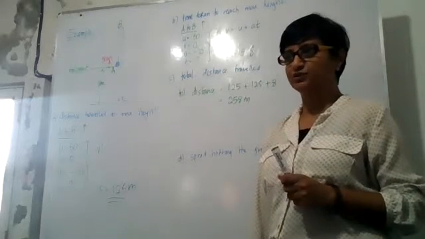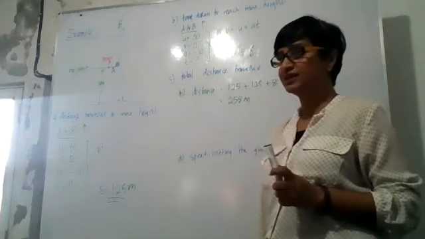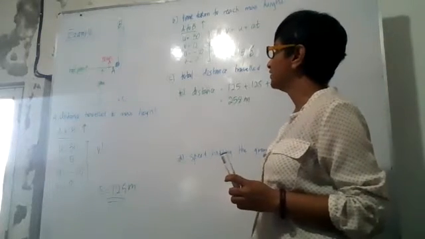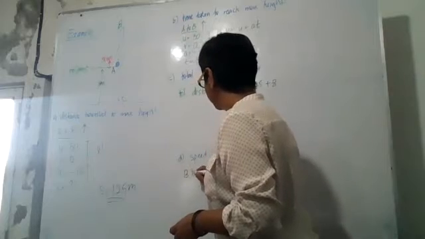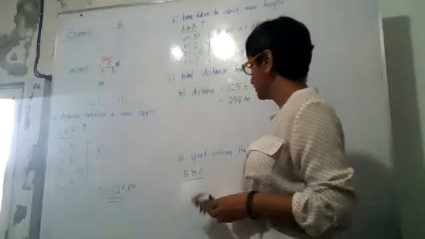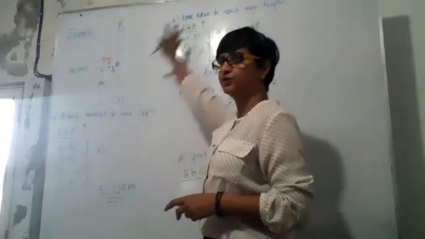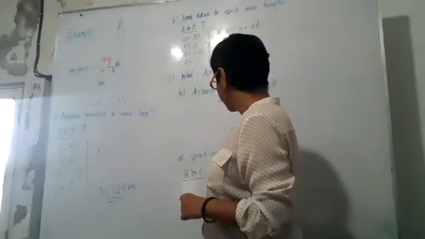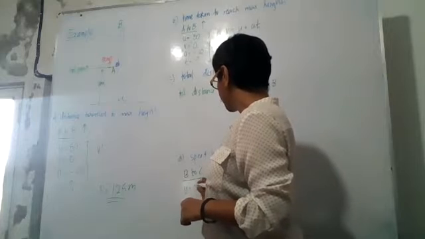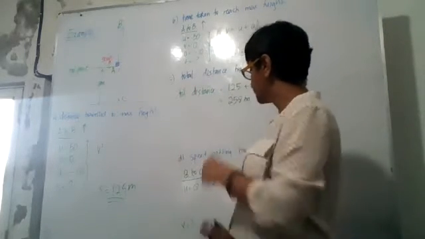To what section do you apply? A to B to C? B to C. If you do B to C, let's try it. Now independent of this, you don't know this, you don't have this, you're just working this out. If you do B to C, then downwards, U is 0. In the end, we want to find V. What else do we know?